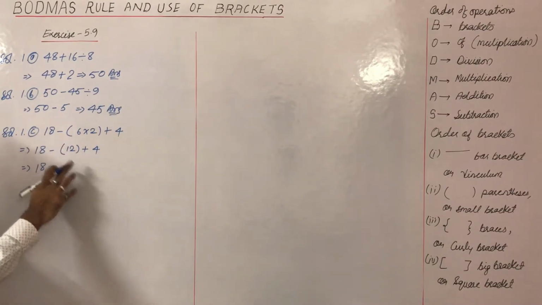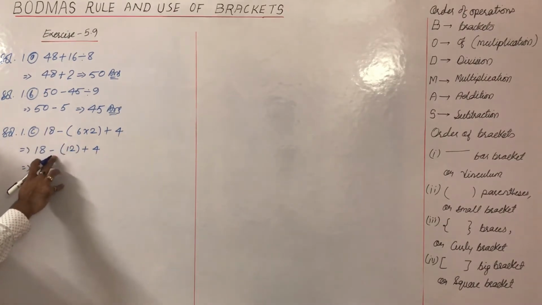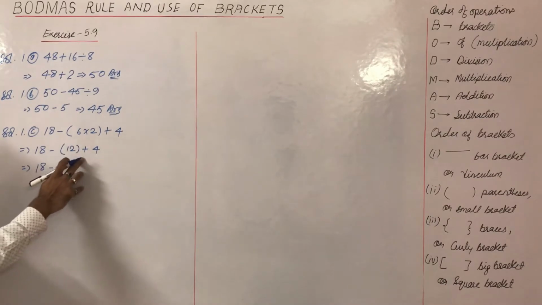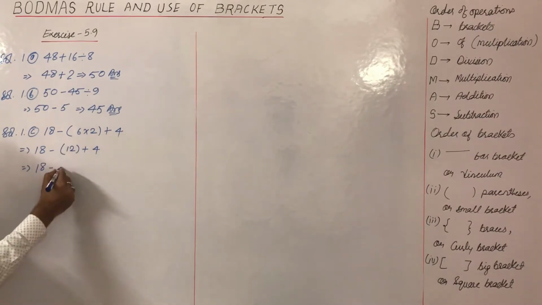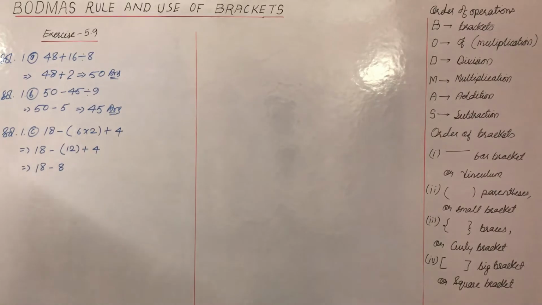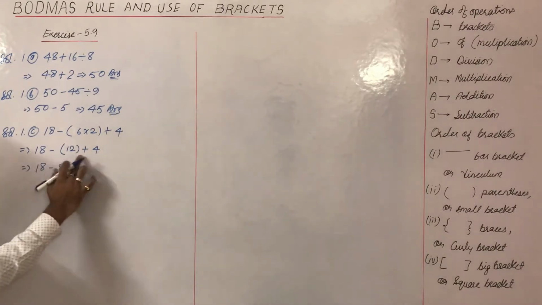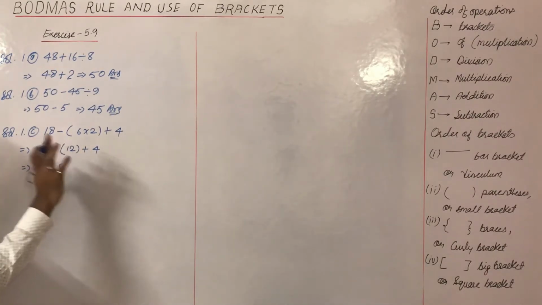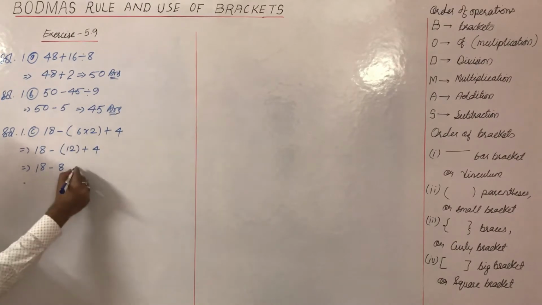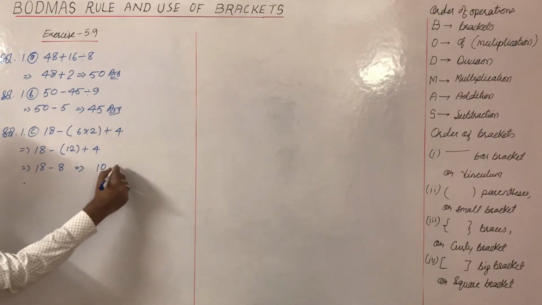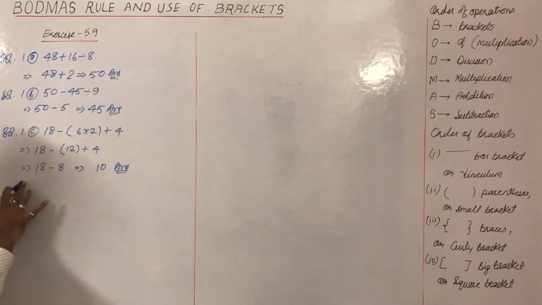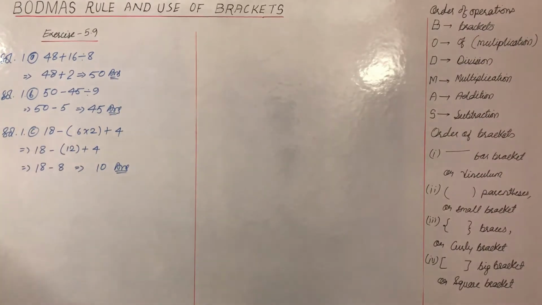Or we can say 12 with negative sign, 4 with positive sign. It means minus 8 is the addition of these two integers. Now 18 minus 8 is 10. So 10 is the answer.